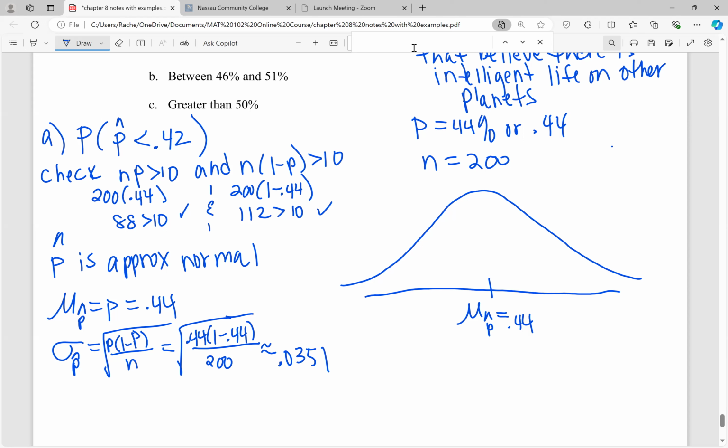Now we're ready to sketch the area under the curve that corresponds to p hat being less than 0.42. So 0.42 is to the left of the mean of 0.44. So let's say this is where p hat equals 0.42 is.